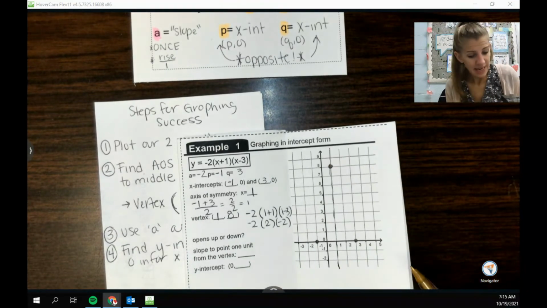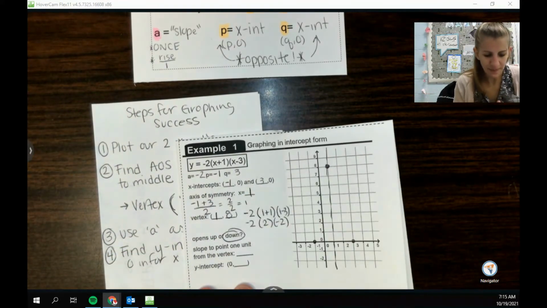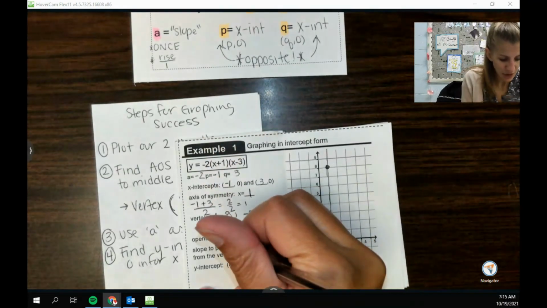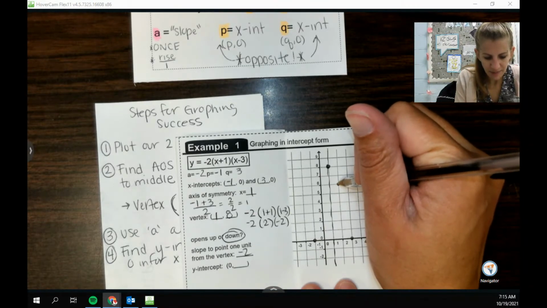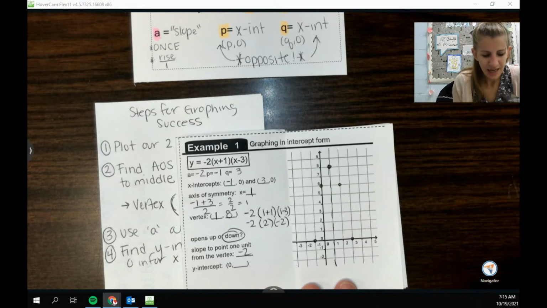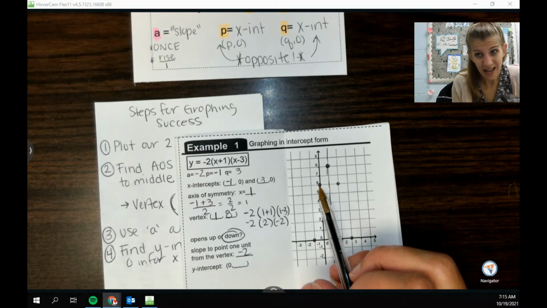I can see right now that my parabola is opening down. I also knew that because my slope was negative. Also, my slope to 1 point is -2, so we can now use that to get another point, and then I can flip it over and put it on the other side. And now I can see that my y-intercept is already found for me.